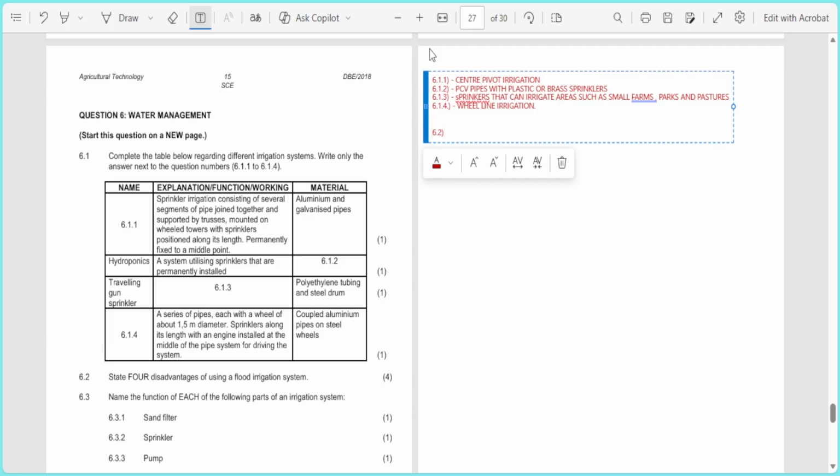Disadvantages of flood irrigation systems. We need four disadvantages of using flood irrigation systems. Flood irrigation is an ancient method, but it's also problematic at times.